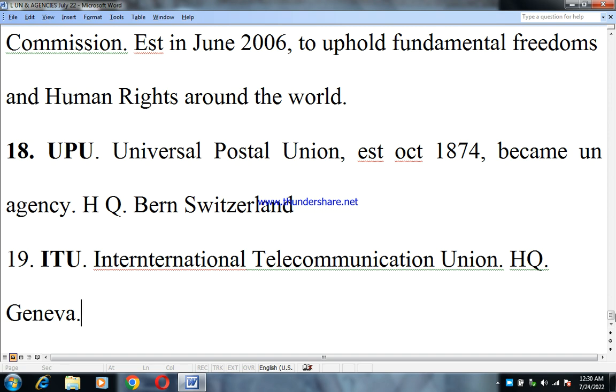I think it was established in 1874, and it is the oldest organization. Number 19, ITU, International Telecommunication Union, and its headquarters is in Geneva, Switzerland.